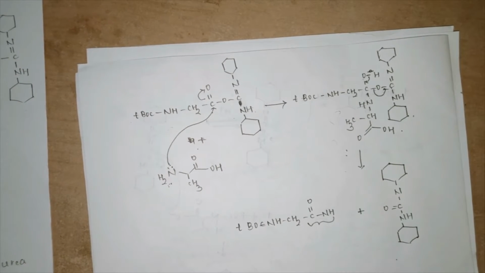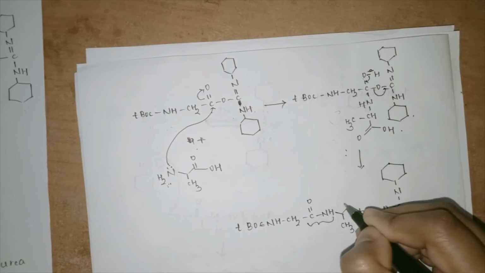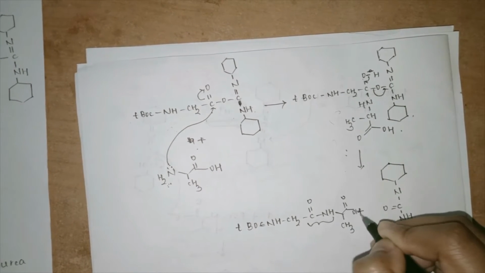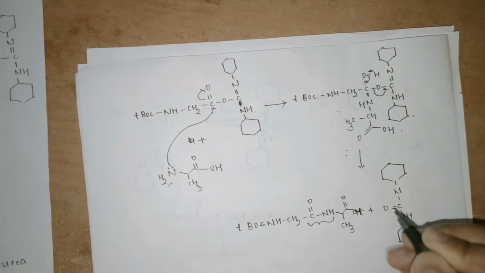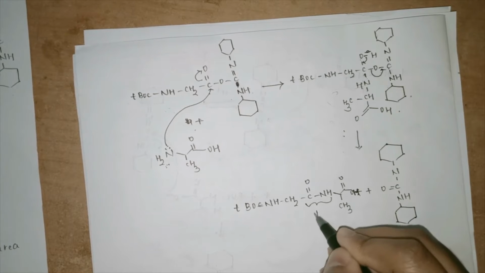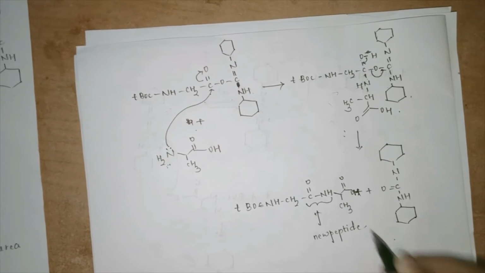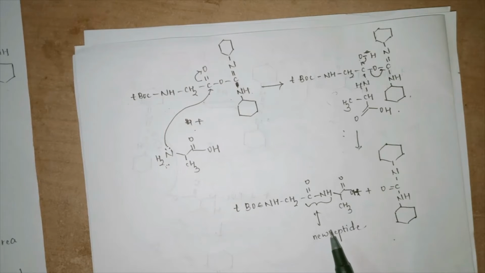Now this is the new peptide bond that has been formed, with the CH3 C double bond O OH system. This is the new peptide bond which is formed. So what we have done here is the formation of a new peptide bond.